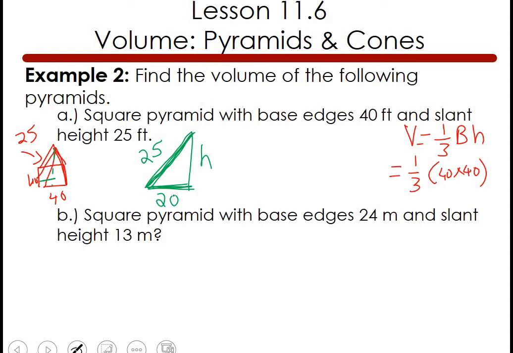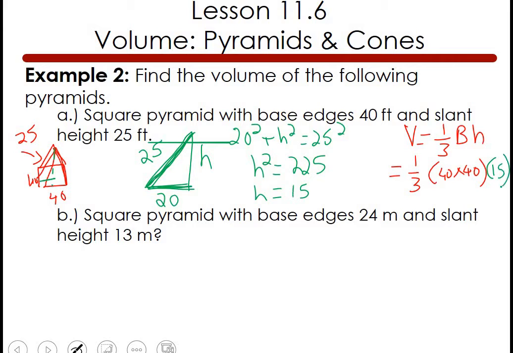So we will need to use the Pythagorean theorem to find the height. 20 squared plus height squared equals 25 squared. When we do the math, we get height squared equals 225, and the square root of 225 is 15. So our height is 15. Whenever you're given the slant height, while we needed it for surface area, for volume we need the height, not the slant height.